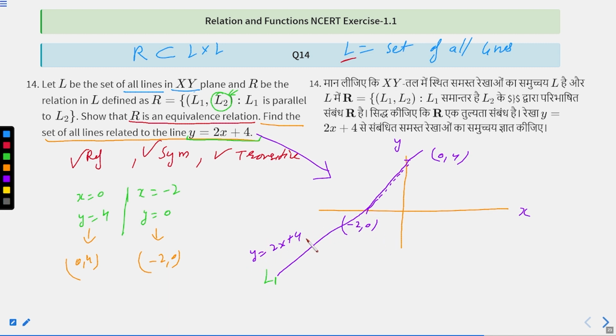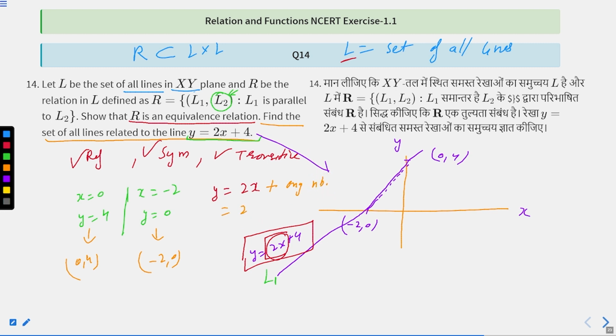Whenever you have a line or its equation, you take the part with the x variable the same, and then just add any number, any real number.